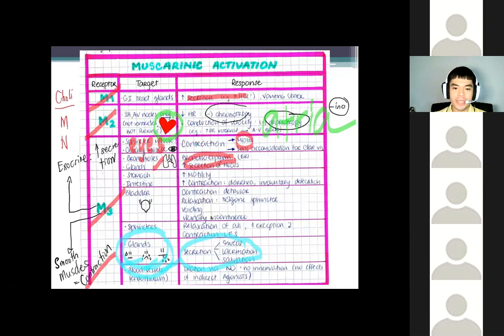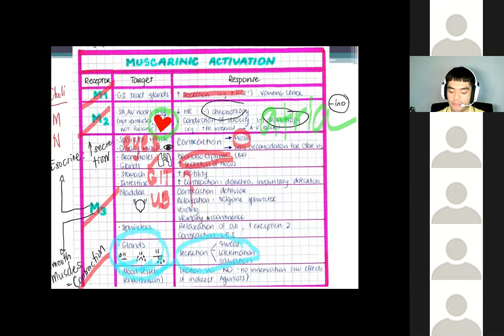Moving on, the GI tract and the urinary bladder. The general effect here is also contraction. In the GI tract, there is bowel movement. What related term is bowel movement, constipation or diarrhea? Diarrhea.